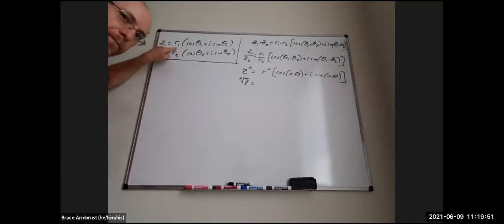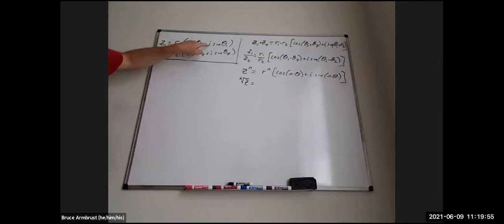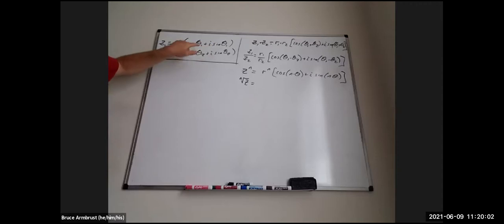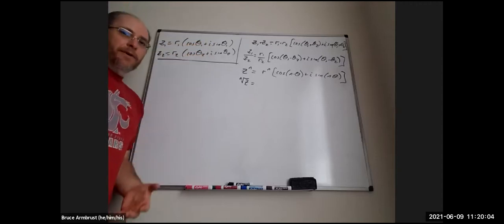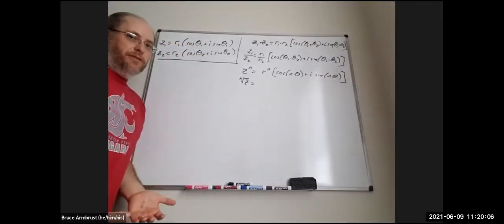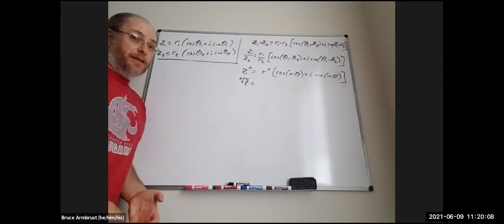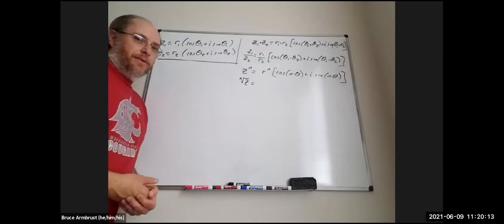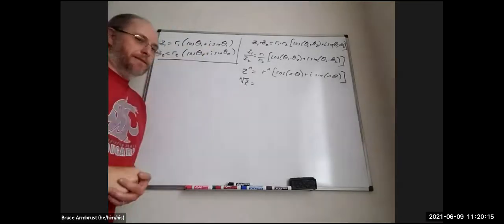Its technical name is the modulus, right? That's absolute value. And then the theta 1 was the angle where we were going, so the argument. And we just wrote it in this form. And where that came from was exactly the polar conversions: x equals r cosine theta and y equals r sine theta. It's just now the x and the y were the real and imaginary pieces separately.